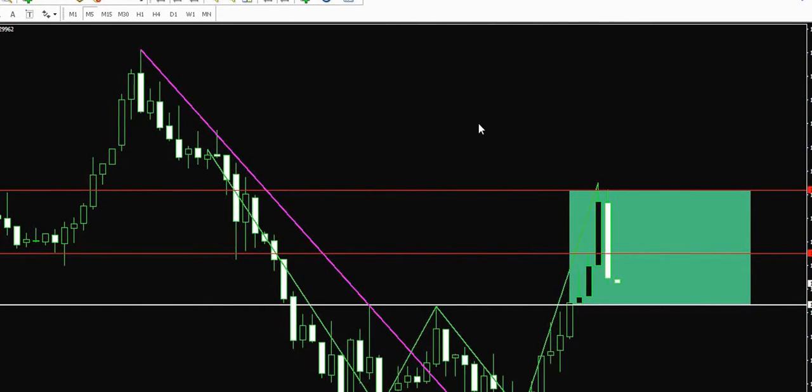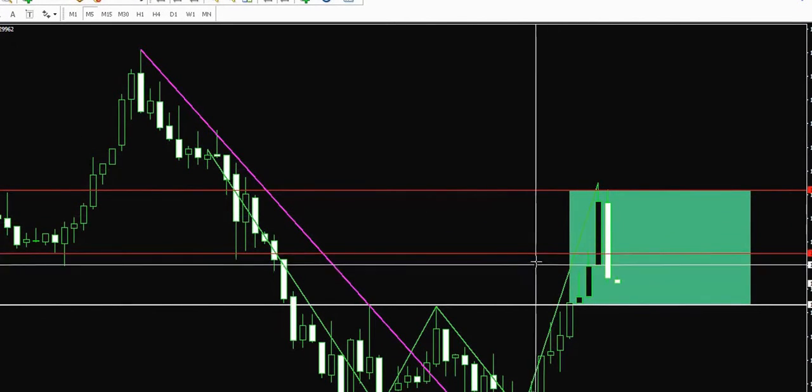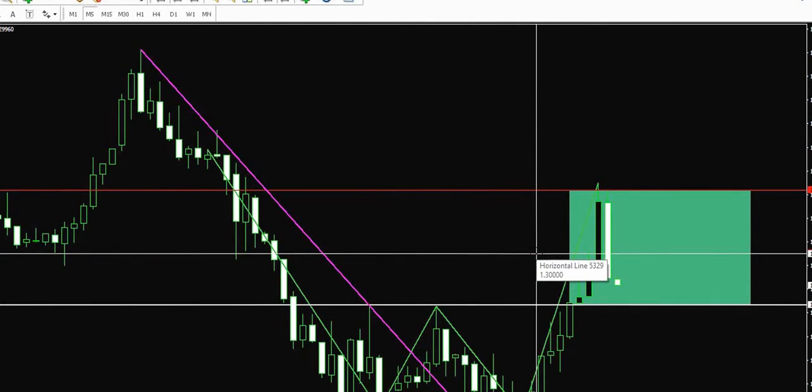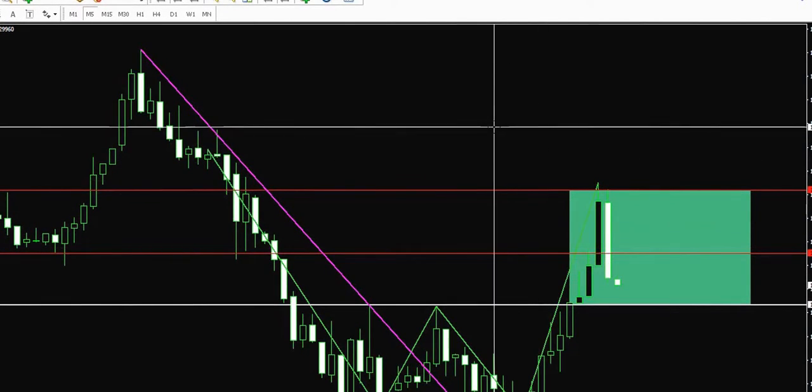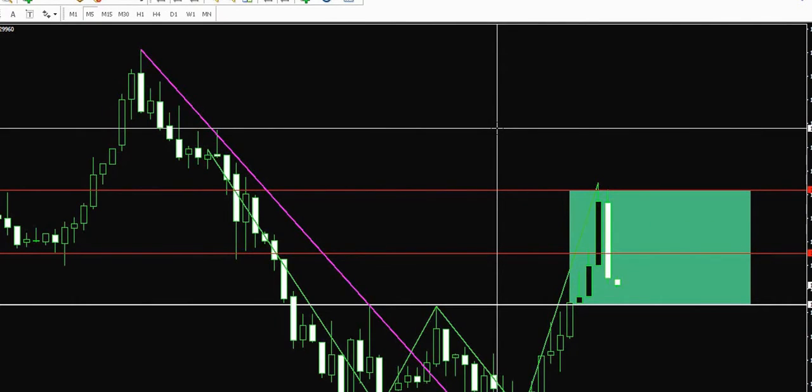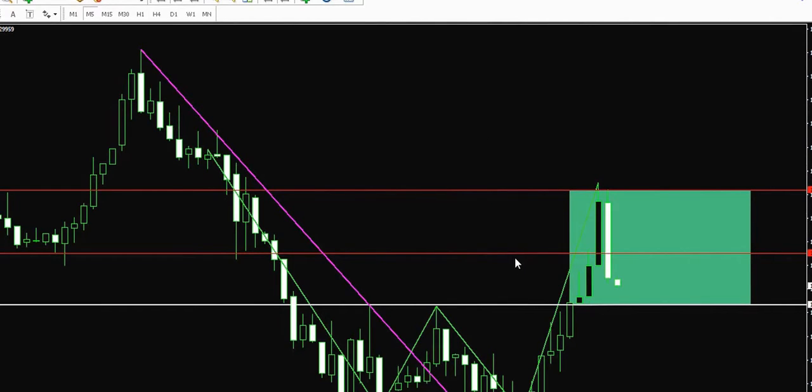So we managed to collect a profit equal to 8 pips, 1.3008 minus 1.30, our break even point, and 8 pips equals, in percentage, 0.062% in our case.